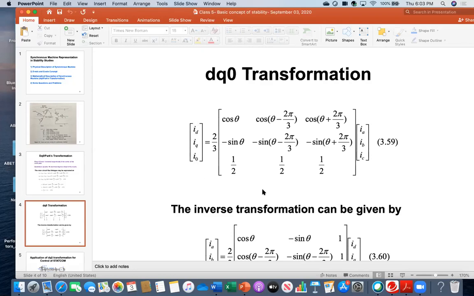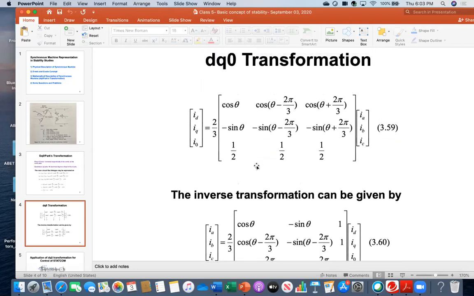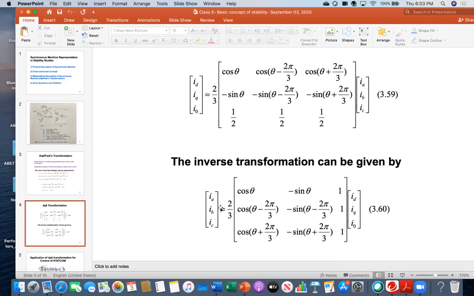At the last, again, you invert, you see, the inverse transformation. Therefore, I think many times you did similar things, that you have a matrix, invert the matrix. This means the left side it was ID, IQ, I0, and then when you want to convert back into IA, IB, IC, so I am writing IA, IB, IC. This is the inverse matrix of this one, and then ID, IQ, I0.